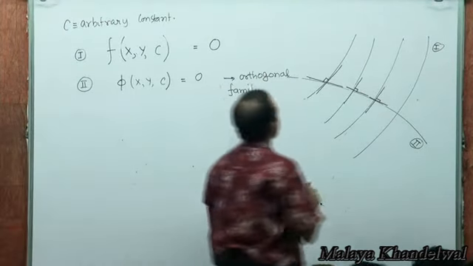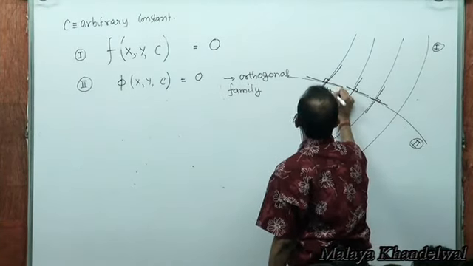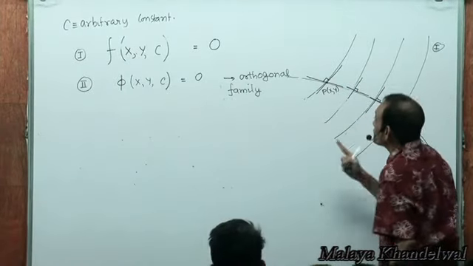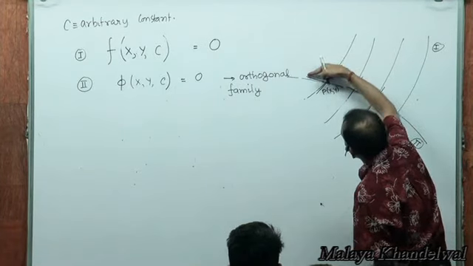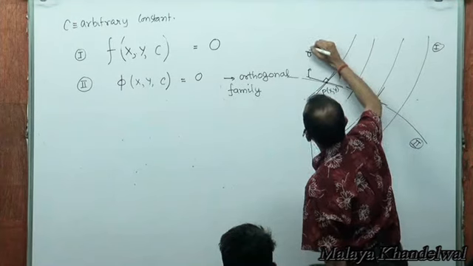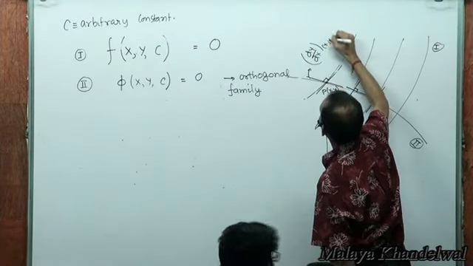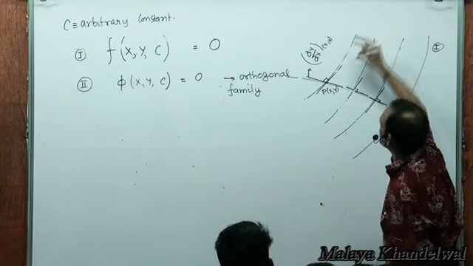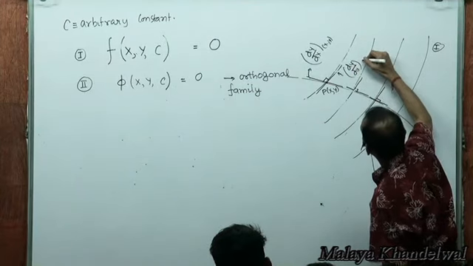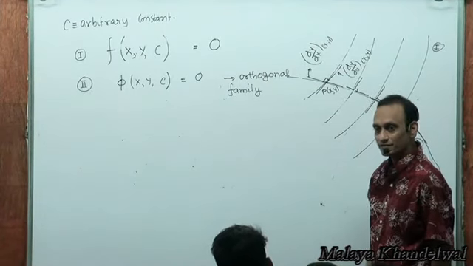What it really means is, say P is a point (x, y) where this member is intersecting this member. The slope of the tangent to this curve, dy/dx at (x, y), and the dy/dx to the other curve at (x, y), the product of these two will be minus 1.